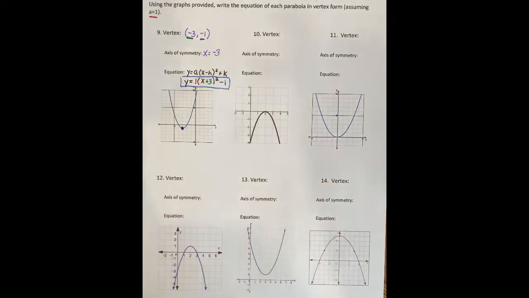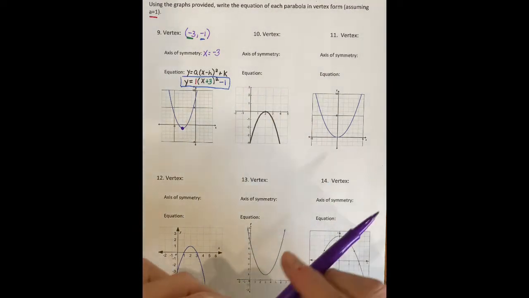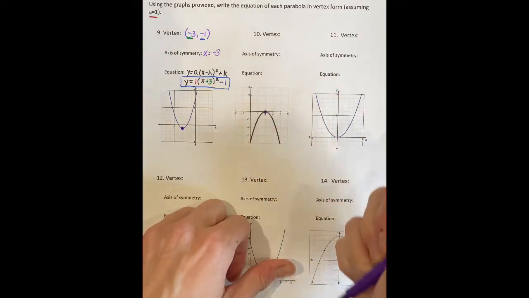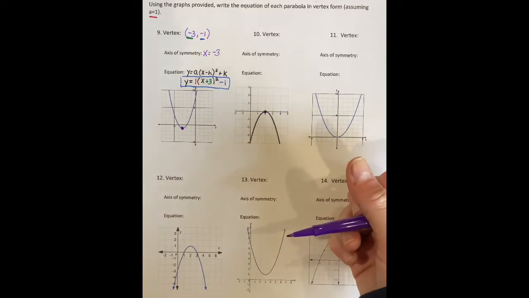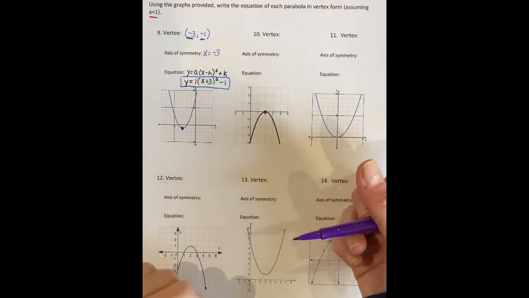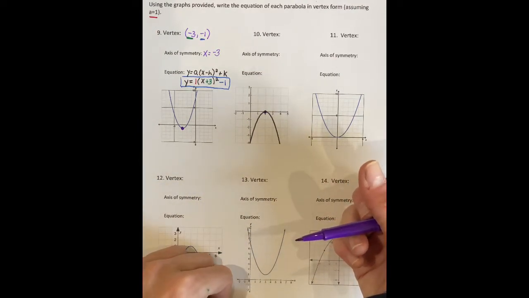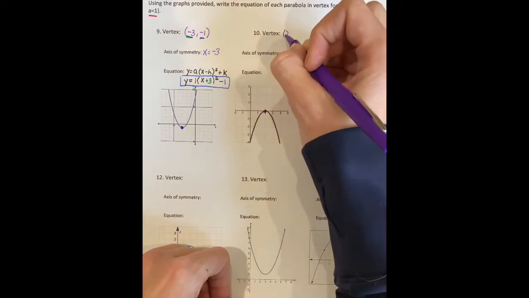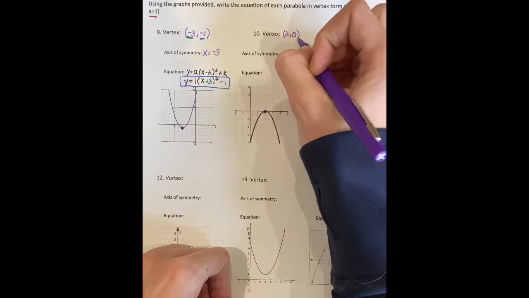So let's take a look at the next one. Now the next one's a little bit trickier. So let's take a look at our vertex. And our vertex here is the highest point. So here we have our vertex of 2, 0.